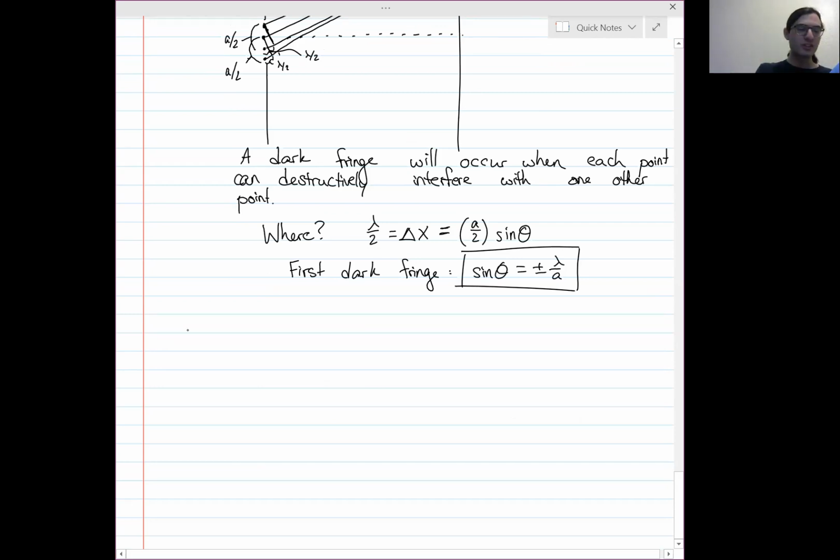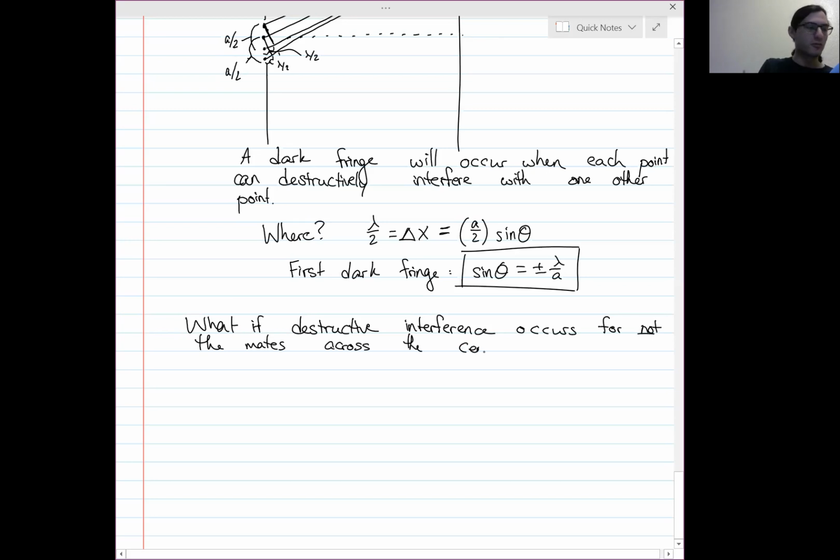So what if destructive interference occurs not for the mates across the central line, but between closer Huygens points.